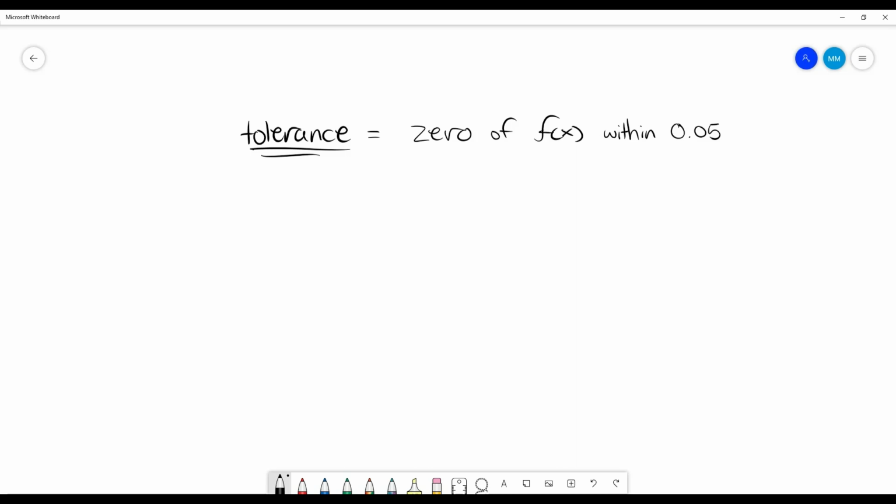That tolerance tells us that we have to have a maximum error under that number. We'll go over what that actually means with our examples. I just wanted to introduce that before jumping right into them.